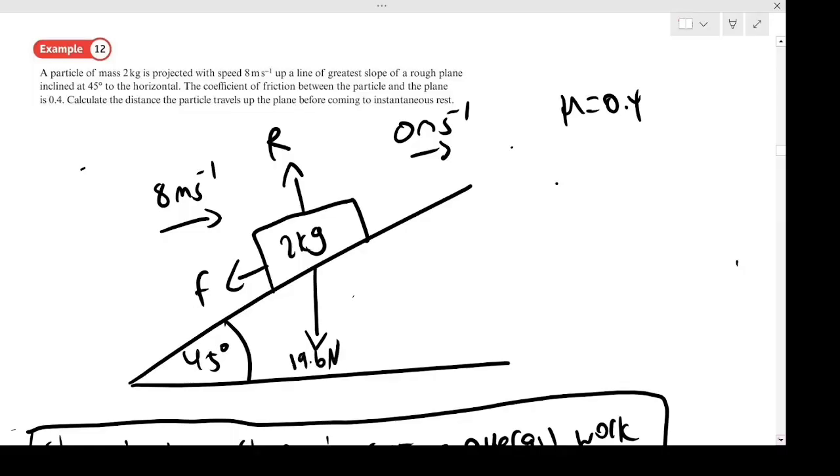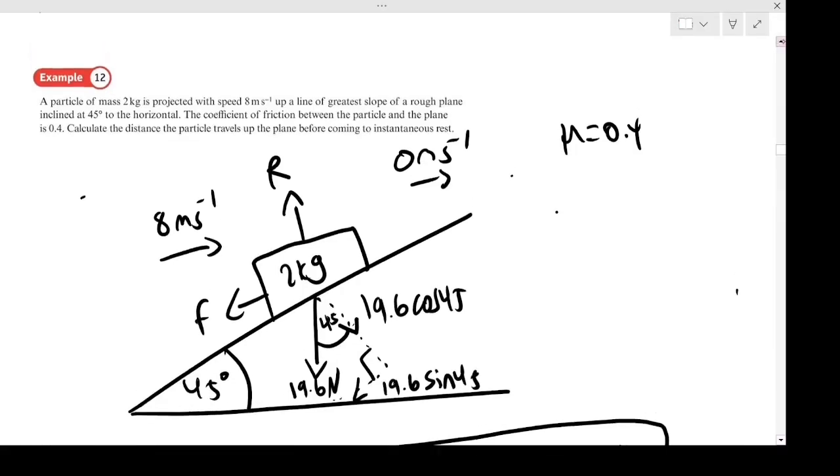Okay. Now remember, specifically with an angle, we need to split it up like this. So it matches the reaction force, and so this angle is 45. So this is going to be 19.6 cos 45, and this is going to be 19.6 sine 45. Now we're going to want to resolve.